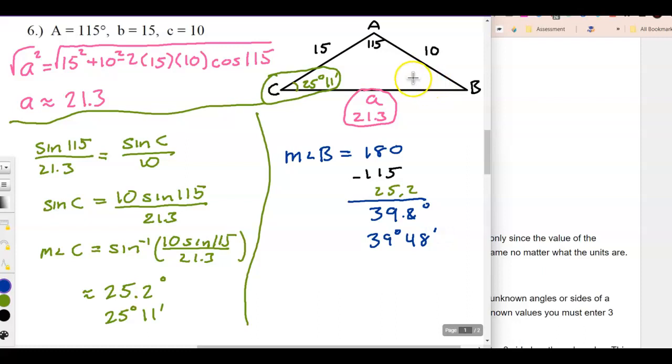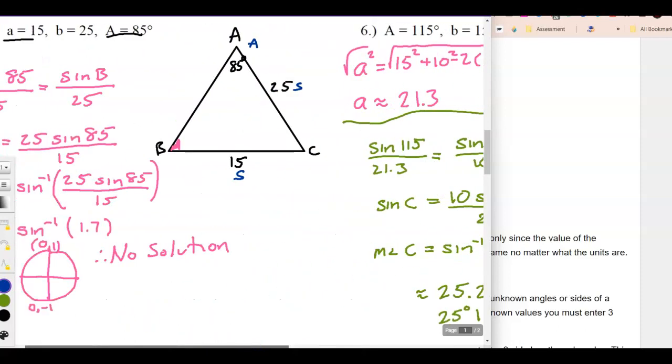So our last angle here is 39 degrees and 48 minutes. And I've solved all the missing values. Alright, let's flip it over and do the backside.